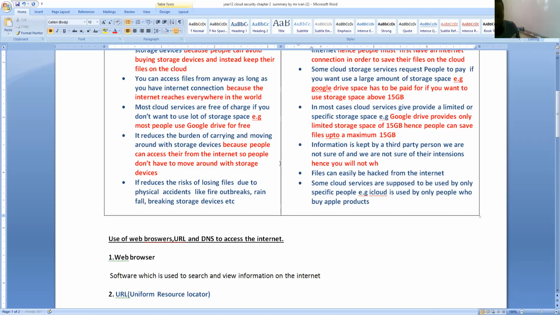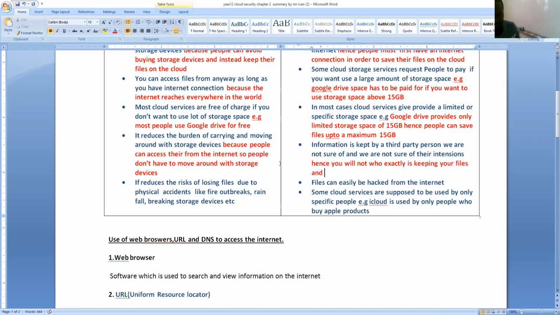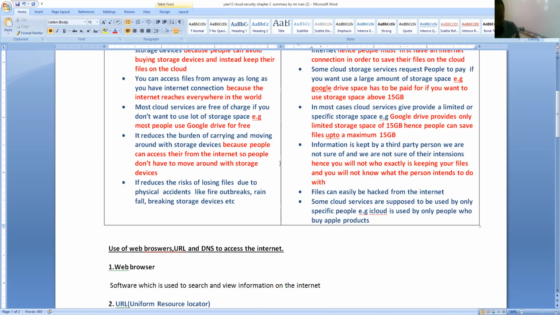You will not know who exactly is keeping your files, and you don't know what that person intends to do with your files.